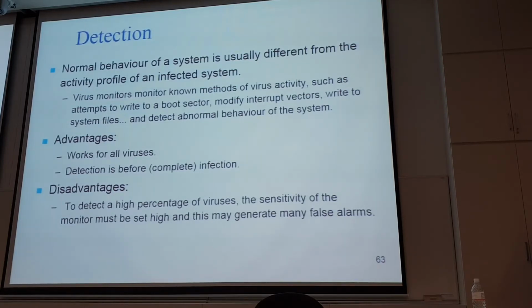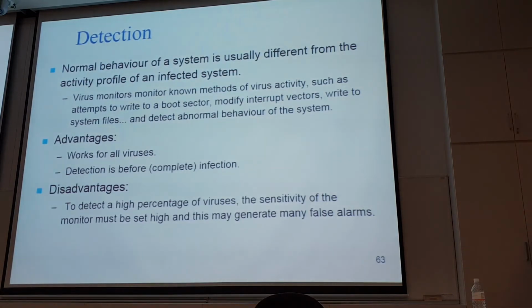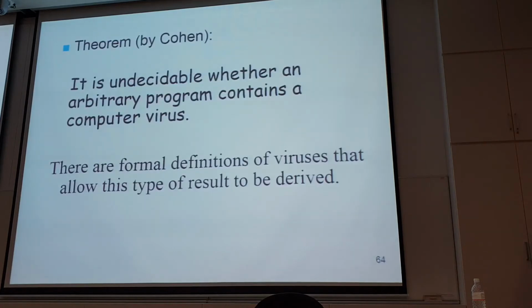This is what first generation antivirus software performs: it scans a particular pattern and sees whether this pattern appears in other files or not. However, this approach may not work, because a virus can encrypt itself and change its form. So in later generations, we use other techniques for detection. For example, we can monitor the behavior of the virus, not just the pattern of the virus. So we will look at some techniques used to detect viruses.